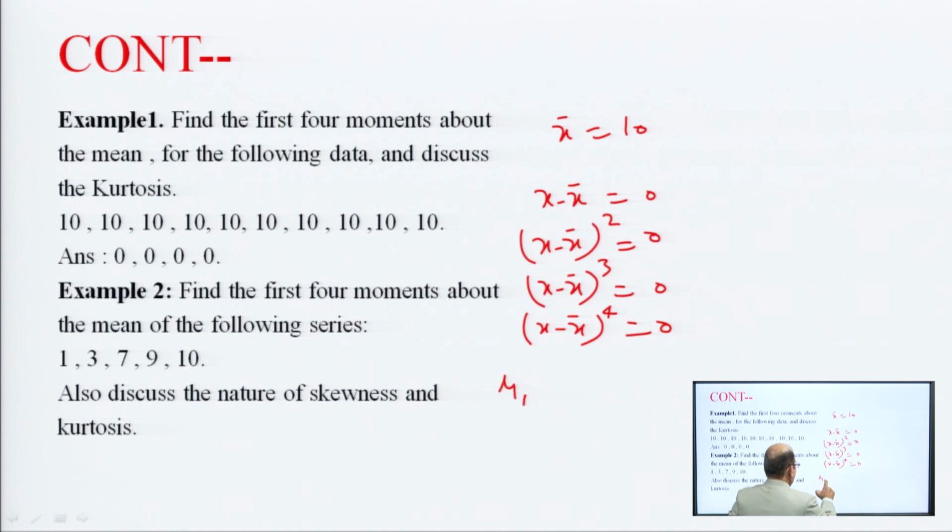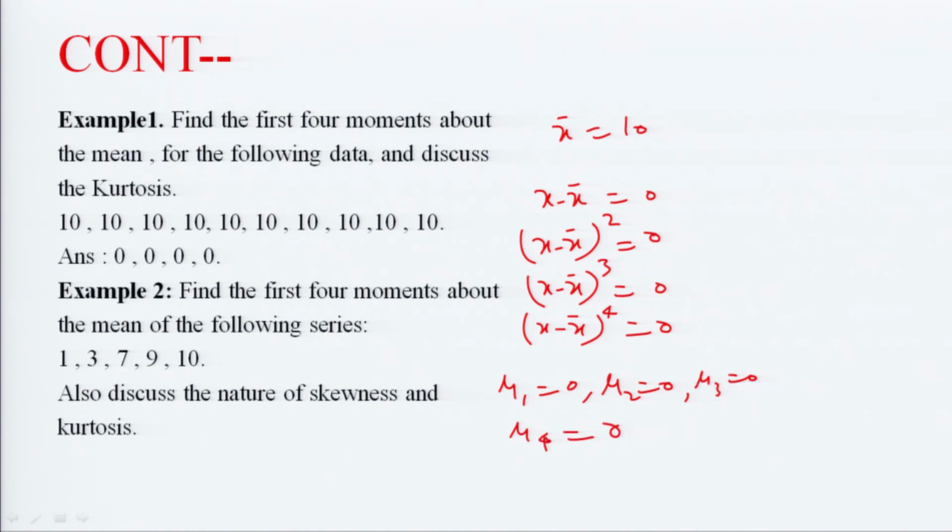Hence mu 1, mu 2, mu 3 and mu 4 are all equal to 0. For a constant data all 4 moments are 0.